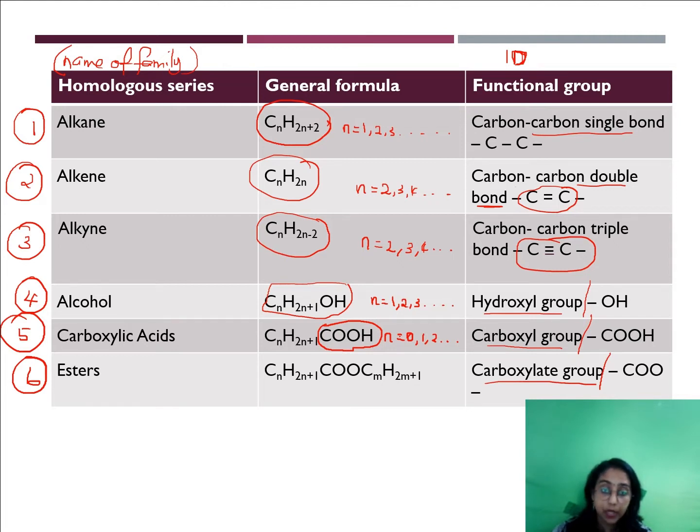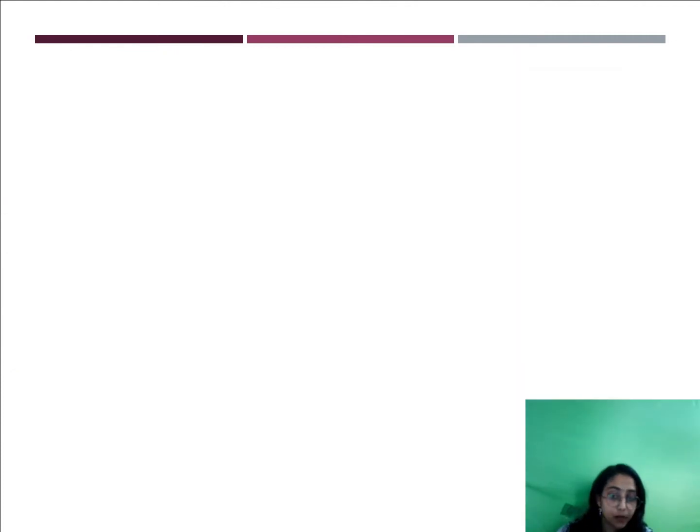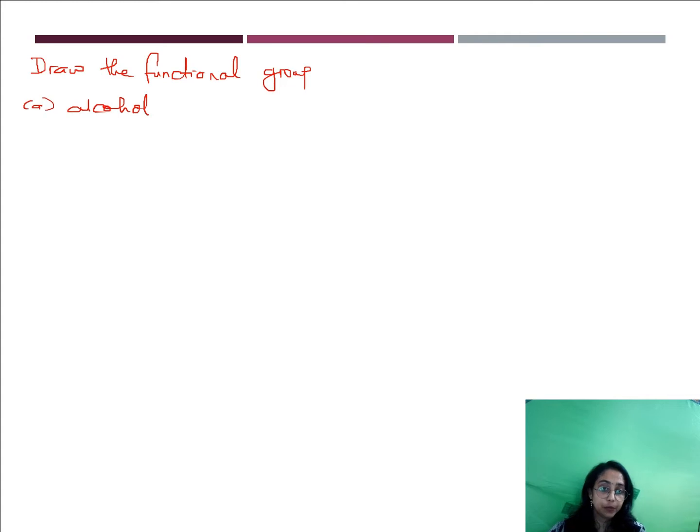When it comes to this part, you have to be a little careful. Now I want to focus on drawing. If the question asks you to draw the functional group, let's say for alcohol, or asks you to show the structural formula for the functional group, how do you go about it?